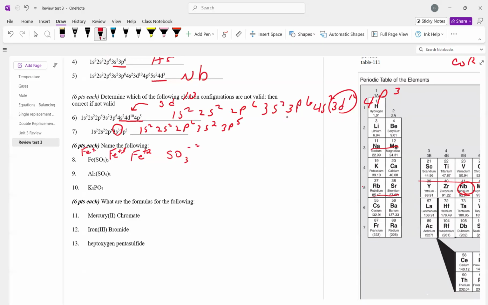What is it? 4. Because you have to balance it against the -2 twice. So -4, +4. So that makes that iron 4. Iron(IV) sulfite.